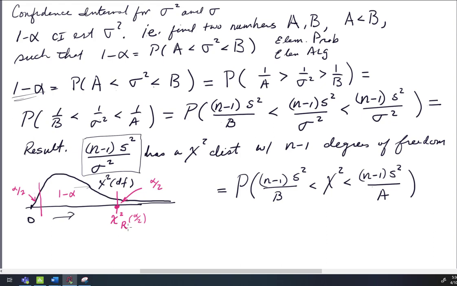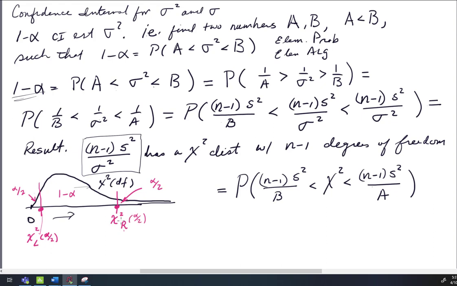That's a critical value that cuts an area of alpha by 2 in the upper tail. The r means on the right-hand side. And this one over here, we've not really had a notation explicitly for this point, but this would be called chi-square left, and then an alpha by 2, even though we'll often assume that people know we're talking about alpha by 2 and omit that. So chi-square right, chi-square left are critical values under the chi-square curve on the left and the right.